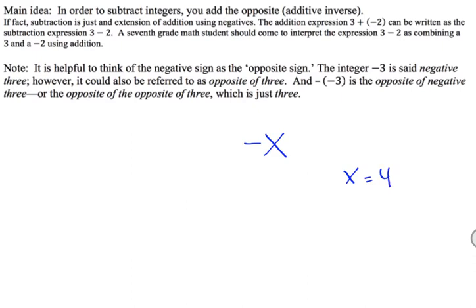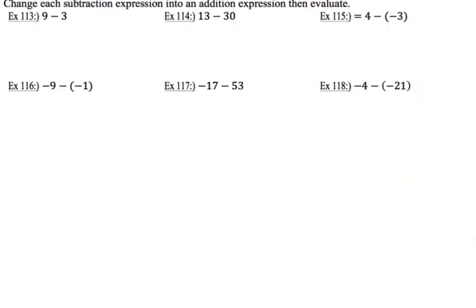If x is 4, then this is -4, and it's negative. But let's say x is -2. Well, the opposite of -2 is actually +2. So opposite x in this case could be positive. So I wouldn't necessarily call it -x, but call it opposite x instead.